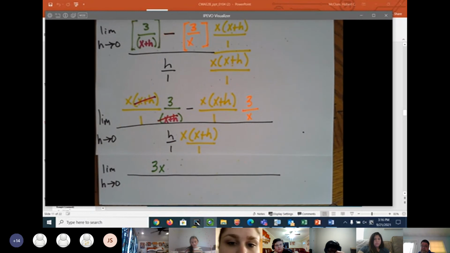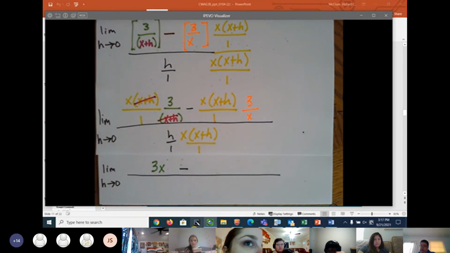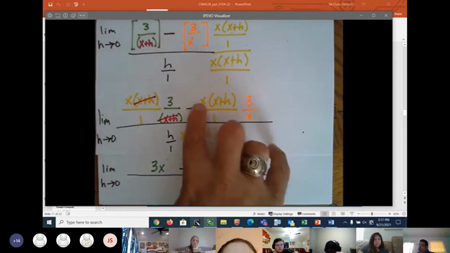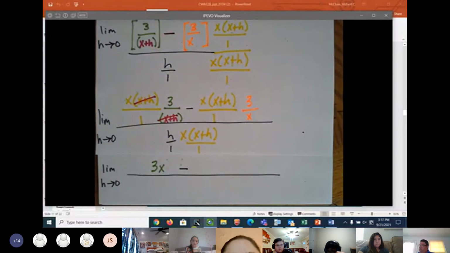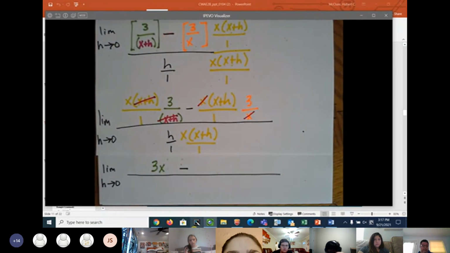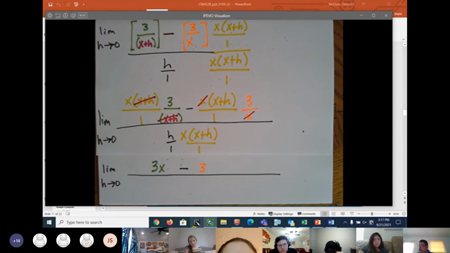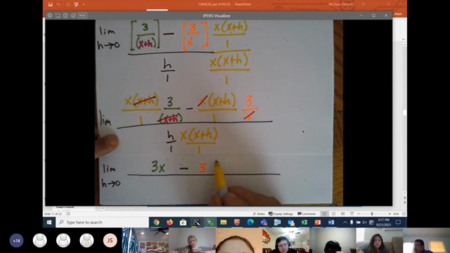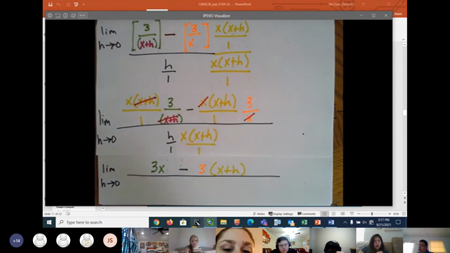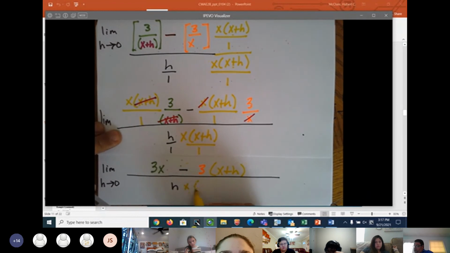And then minus, and then I'm going to cancel that x with that x right there. And that's going to leave 3 times x plus h, actually a negative 3, this negative x plus h, all over h times x times x plus h.